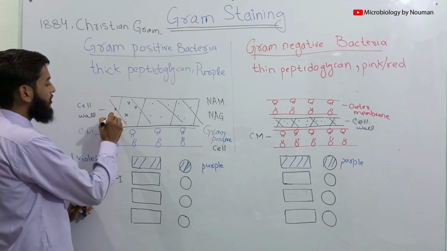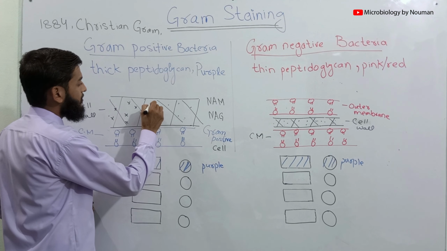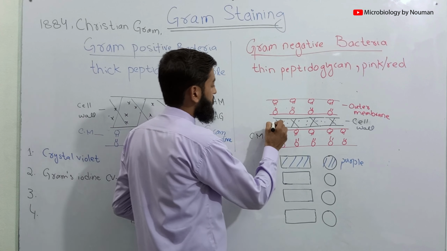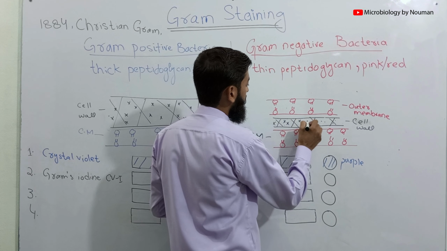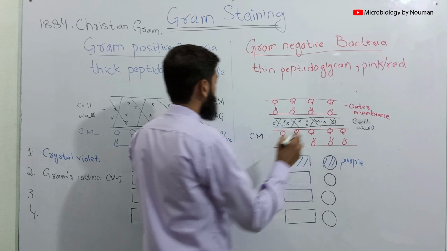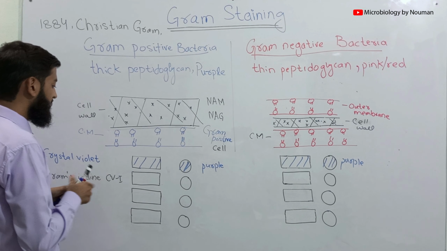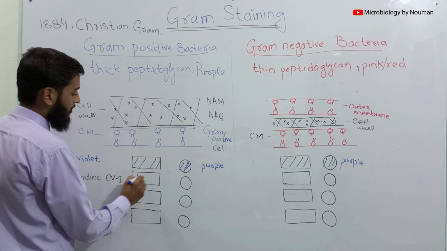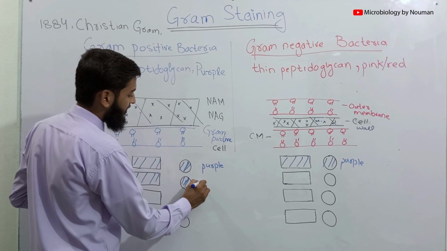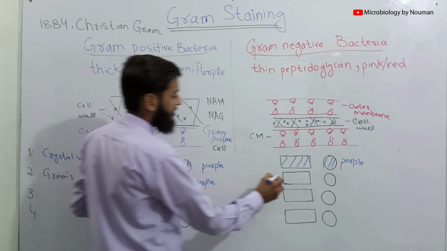This is an insoluble complex. This Gram's iodine is acting as a mordant. Also, it will kill bacteria as well. So bacteria will still appear as purple in color because it is intensifying the color of crystal violet.